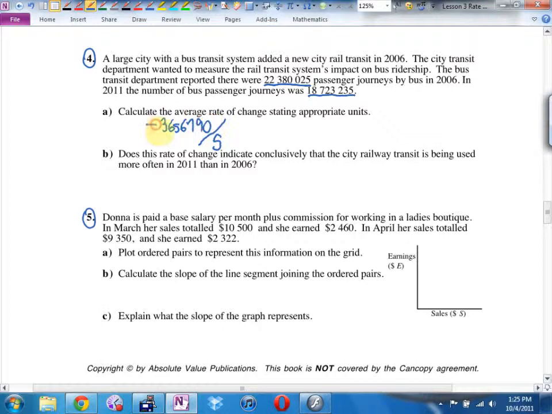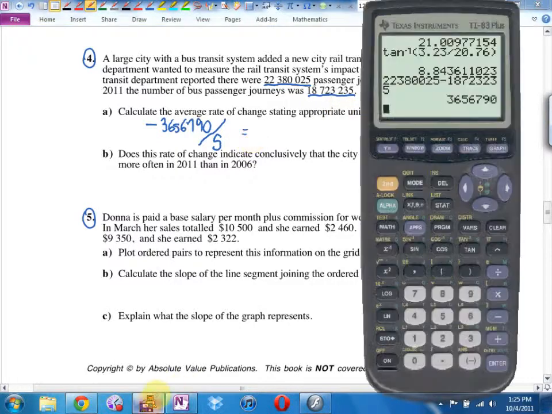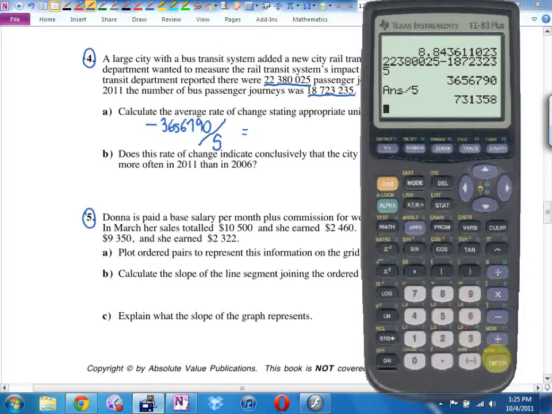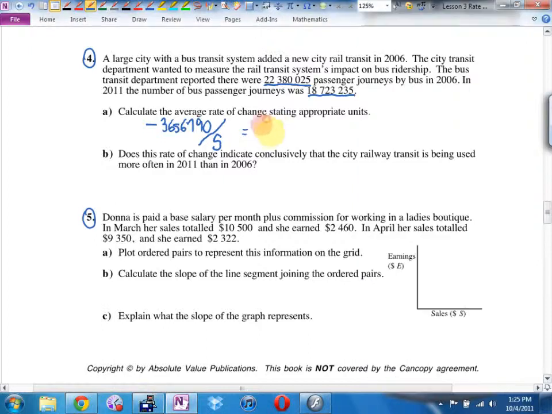I'll put a negative because technically we lost numbers. We're smaller later on. If I want the average rate of change, it's going to be this divided by 5. We lost 731,358 riders per year.